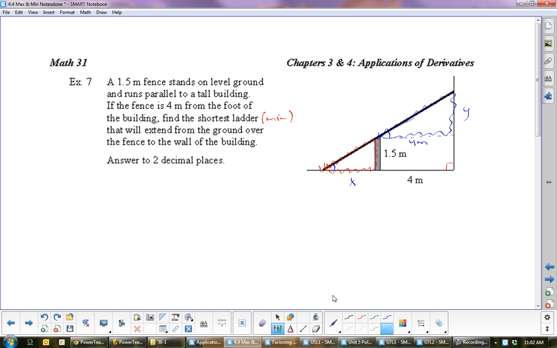And there's so many ways you can do this ratio as long as you are doing the same thing over, like if you're doing x over 1.5, make sure you're doing 4 over y. You can do x over 4 equals 1.5 over y.